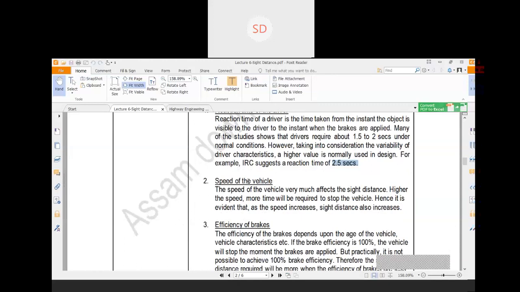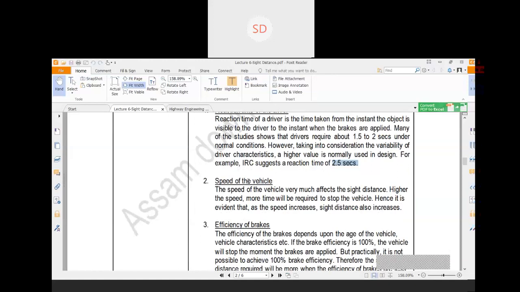Speed of the vehicles is very important, because if your speed is higher, your application of the brake should also be higher, and your braking distance, meaning after the application of the brake, how much distance the vehicle has traveled, is called your braking distance.